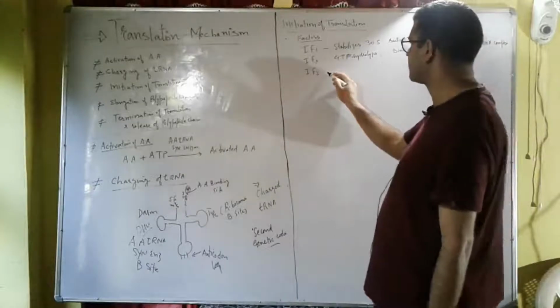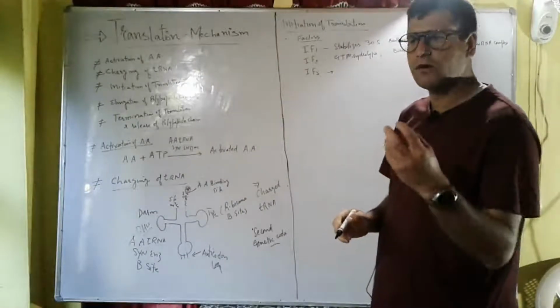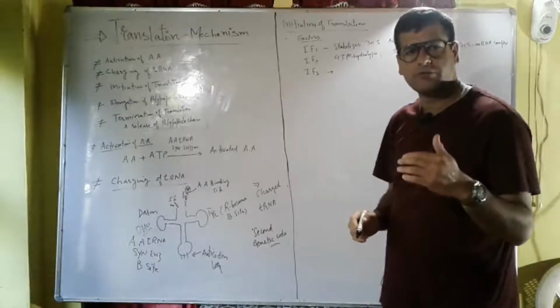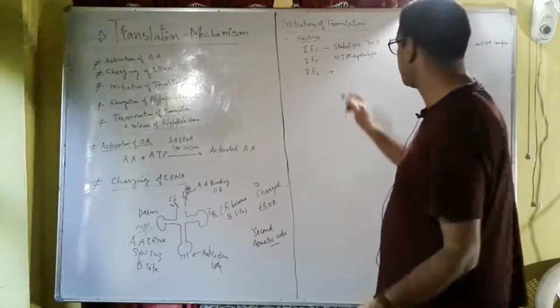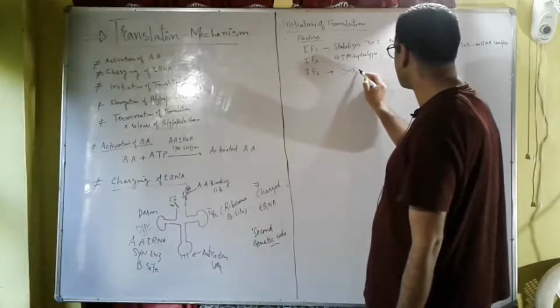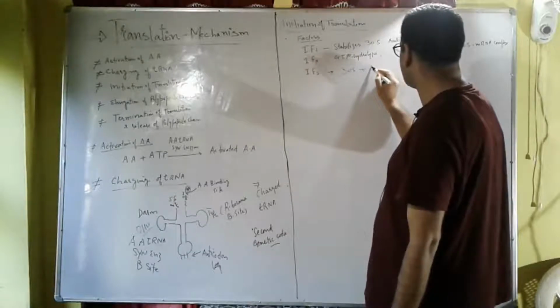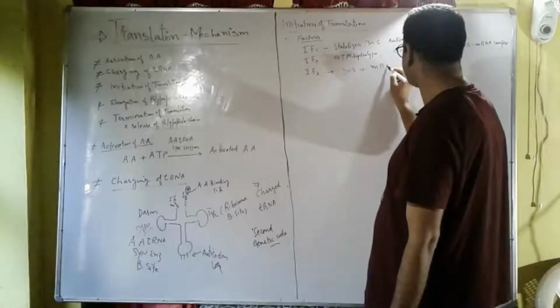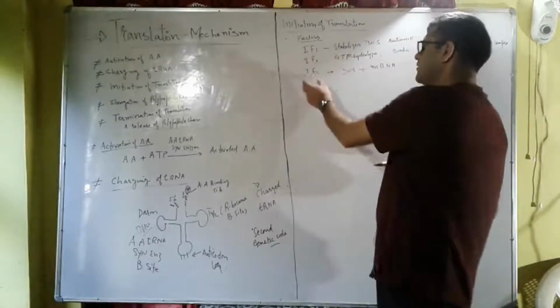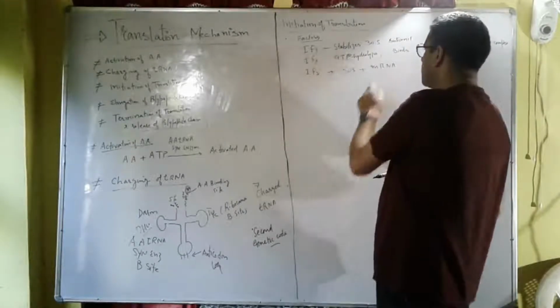Then initiation factor third is responsible for binding of the 30S ribosomal subunit to the mRNA. Under the influence of this initiation factor, the 30S ribosomal subunit binds to mRNA.